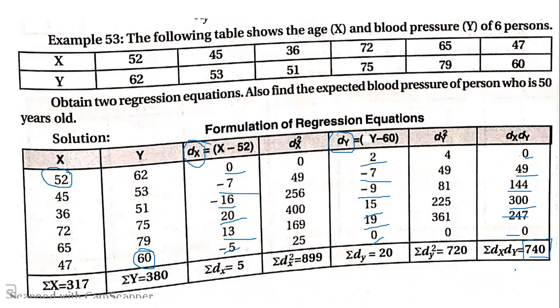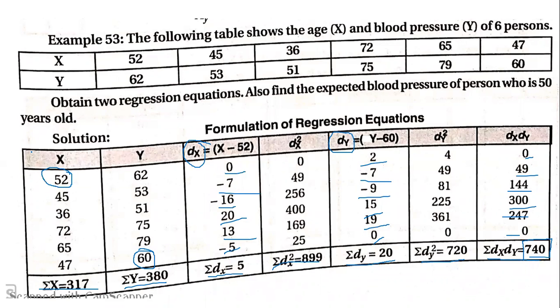So we have got all the important totals, that is sigma x, sigma y, sigma dx square, sigma dy square, and sigma dx into dy. So these are all the important totals that we require. So this completes our table calculation.